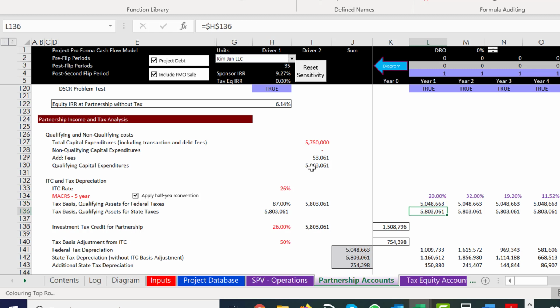Now, if you have state taxes to make things crazy, you could certainly argue that for the federal government, you get the ITC reduction on your federal taxes. You don't get the ITC reduction on your state taxes. And you could say, no, no, no, I got a higher tax basis for my state taxes. Now, I understand from tax accountants that different states do this differently, which makes it really, really painful.